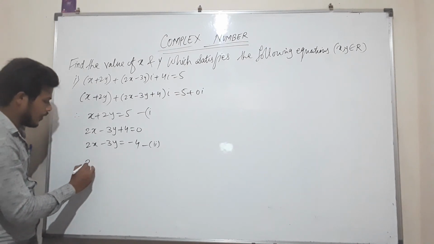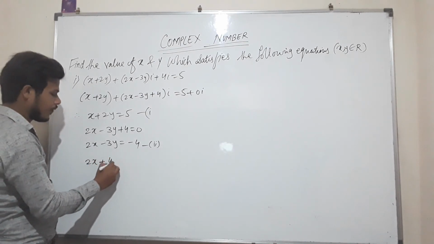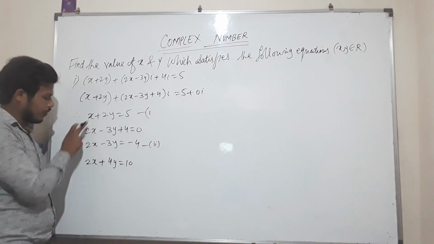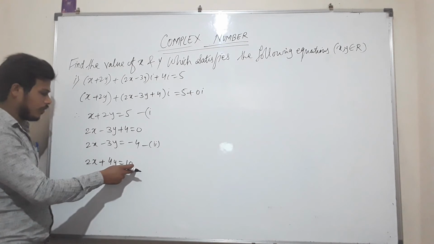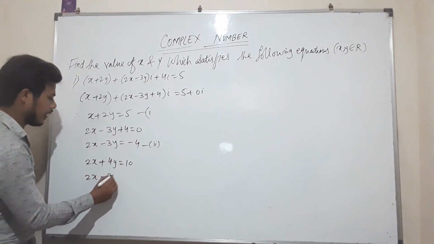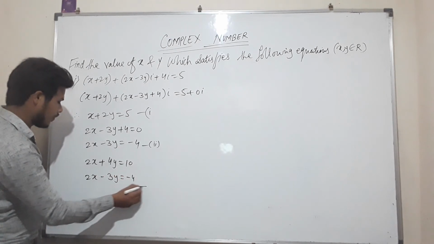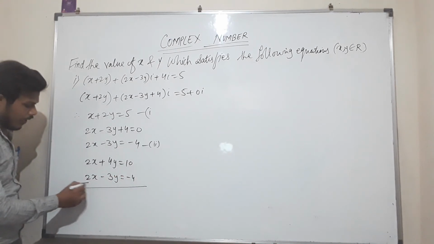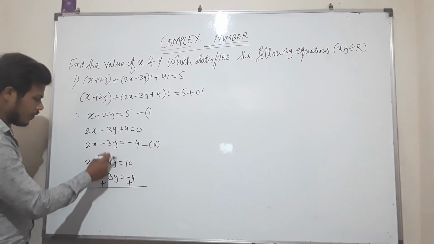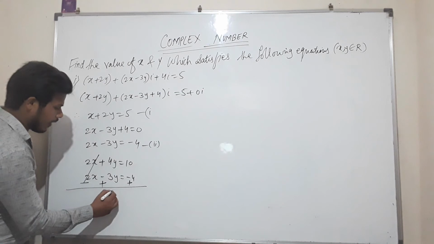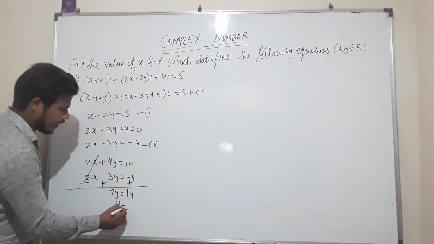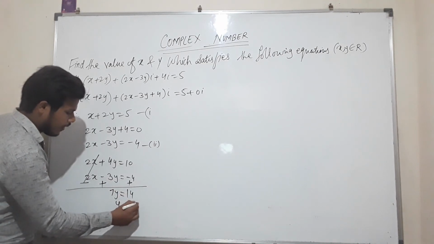So it will be 2x plus 4y is equal to 10, and the second equation will be as it is, 2x minus 3y is equal to minus 4. Now change the sign. 2x minus 2x cancel. 4y plus 3y is 7y, and 10 plus 4 is 14. So value of y is 14 upon 7, that is 2.